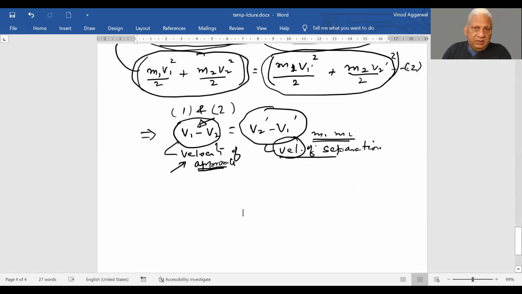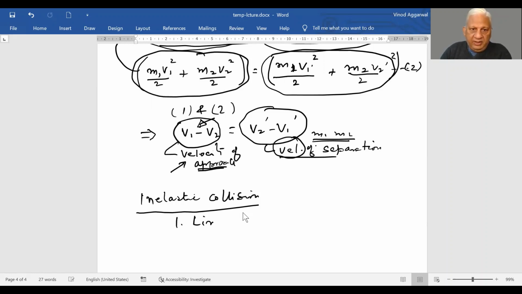Now, what happens in inelastic collision? Okay, our linear momentum is maintained. But what happens to our kinetic energy?